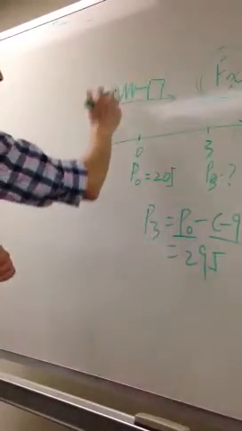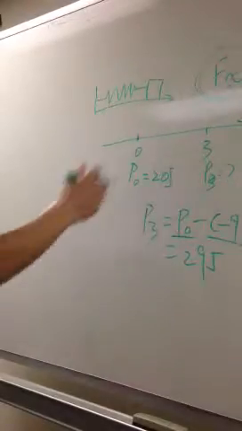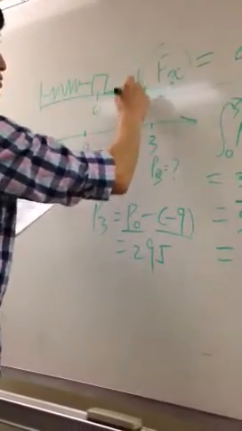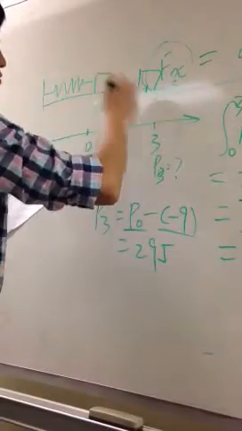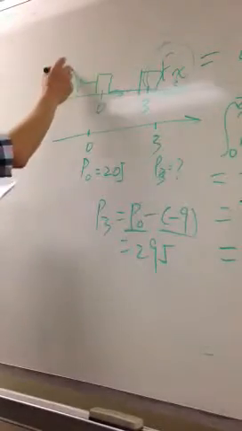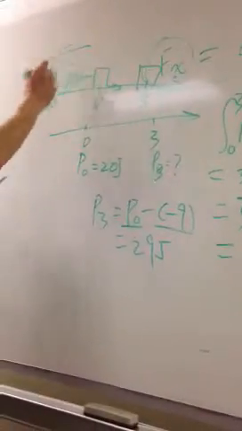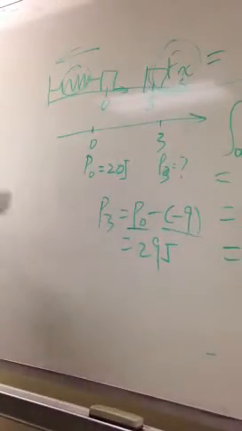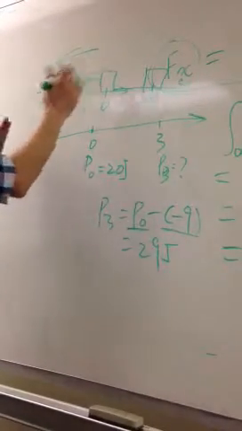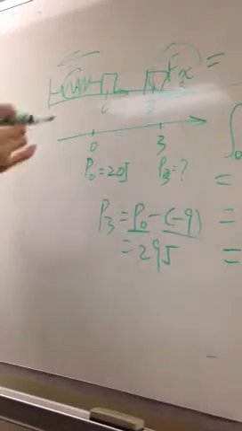If you consider this as a spring, for example, it moves from 0 to 3. So in this process, this force is negative, right? Because it's pulling back. But it's conservative because the energy is stored in the spring.